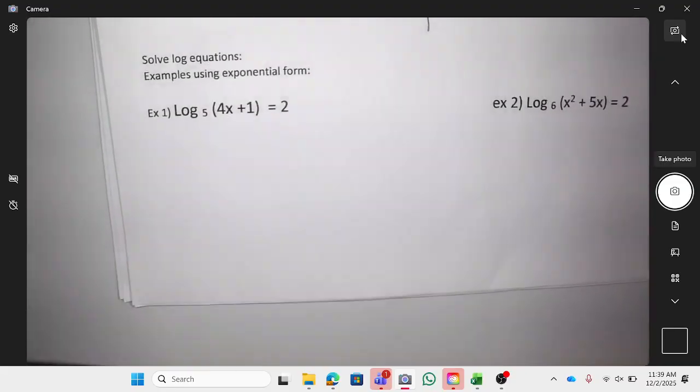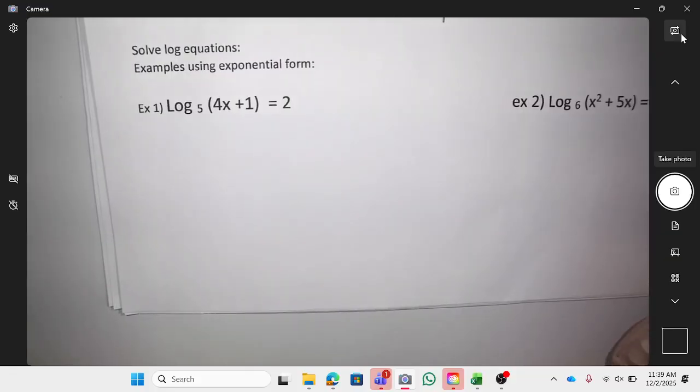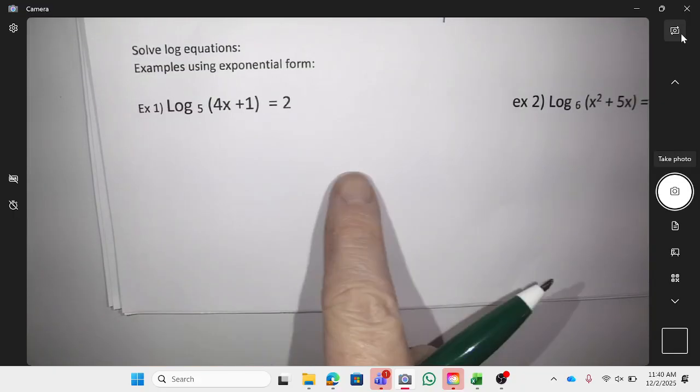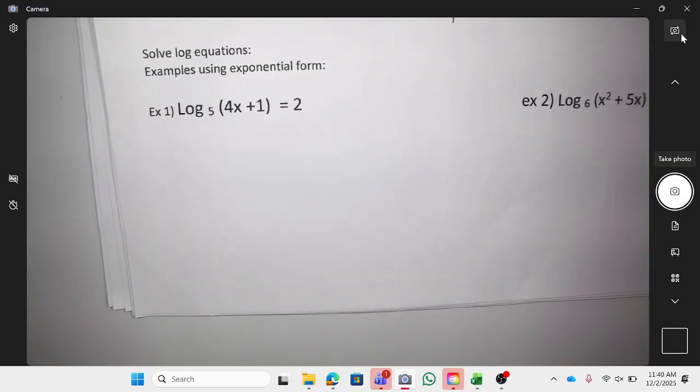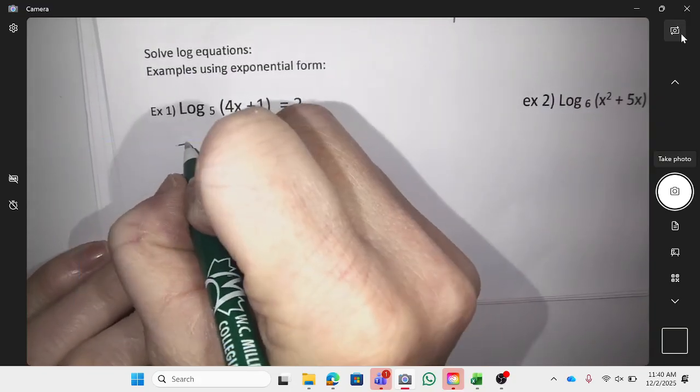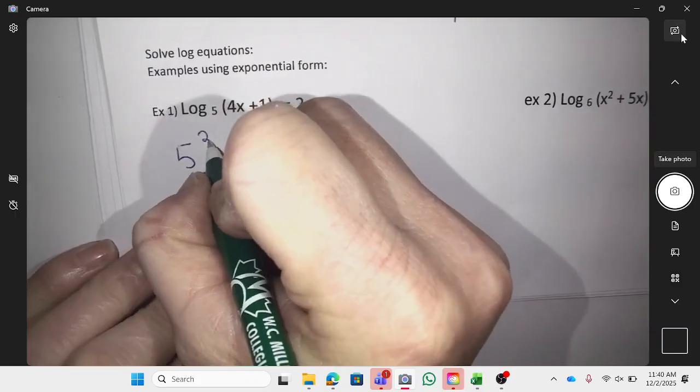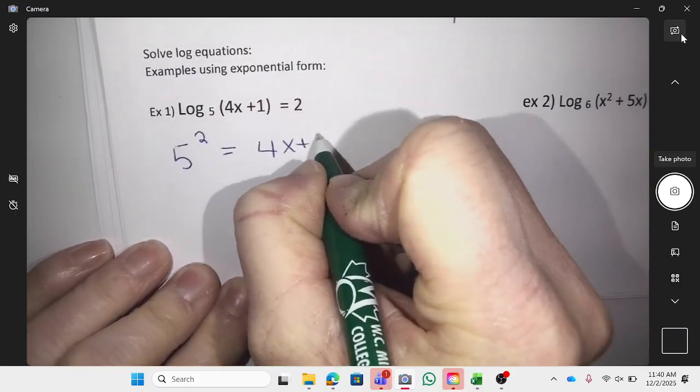Okay, solving some equations. We're going to call this in log form right now. So what we're going to do is switch it. Can you write this switched? Give me exponential form. I need you to go this base to this exponent equals this result. Can you write that down for me? Switching the forms. It's in log form. So the base to the exponent equals the result.